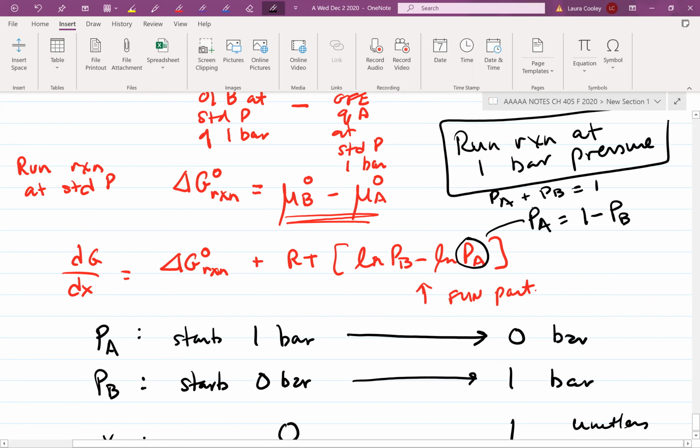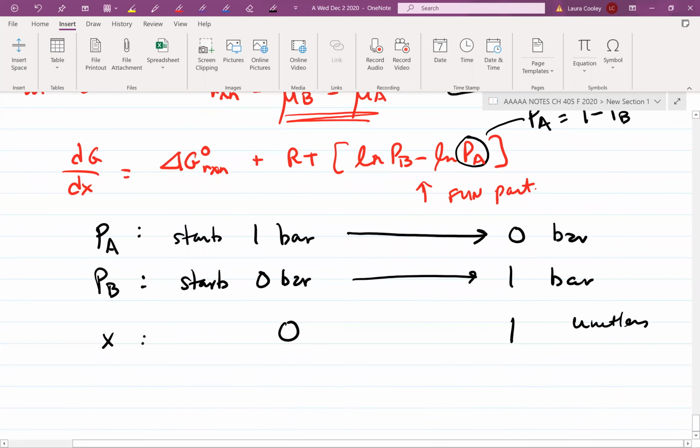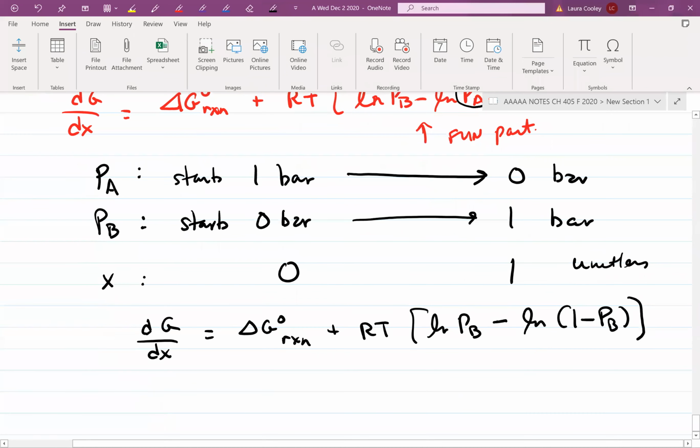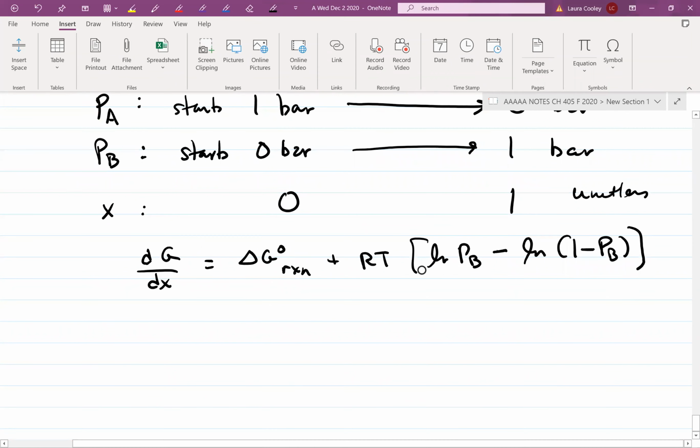That's why I'm able to do this. And once I can do that, I have that dG/dX equals this delta G0 plus RT times the log of PB minus the log of 1 minus PB. So suddenly I have just one variable, and I can graph this thing and look at it. In fact, this actually is ln X minus ln(1 minus X), where X is the extent of reaction.